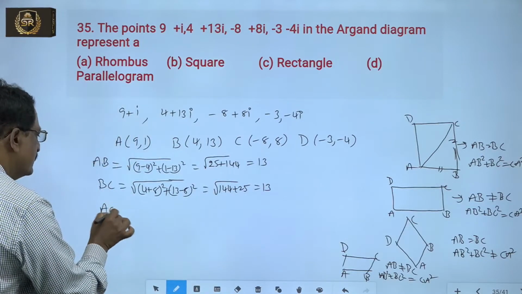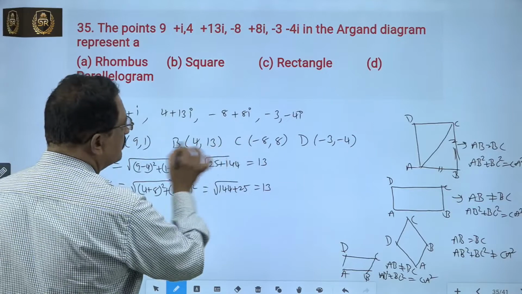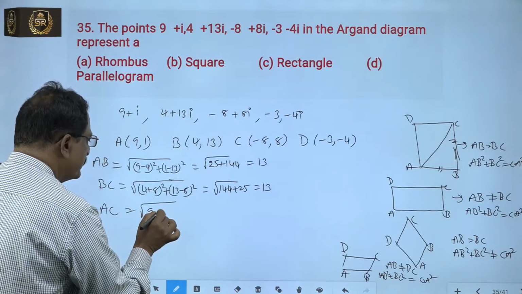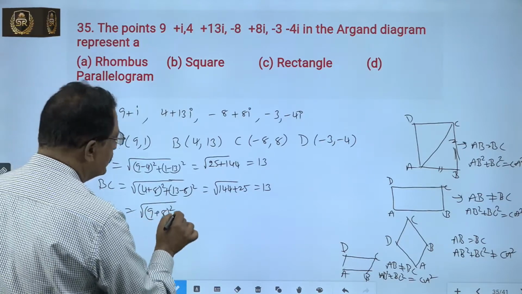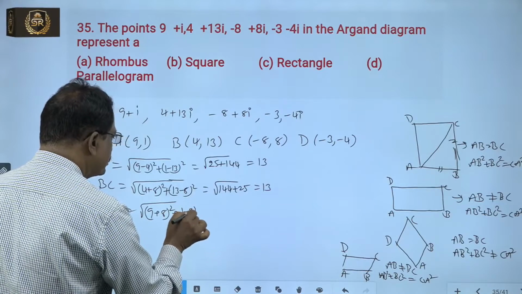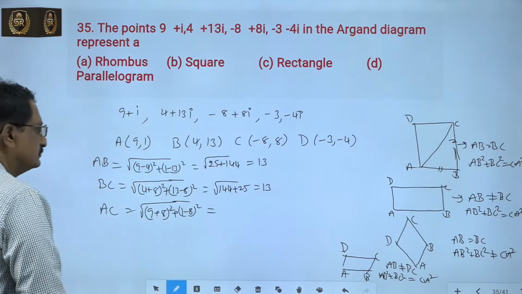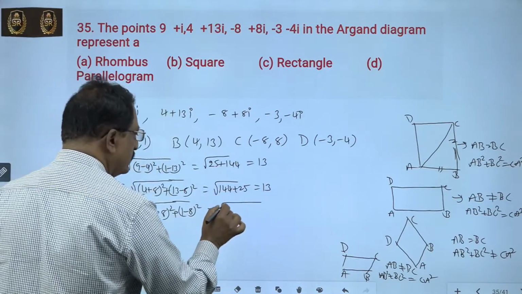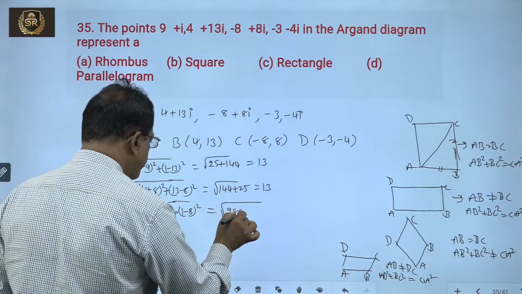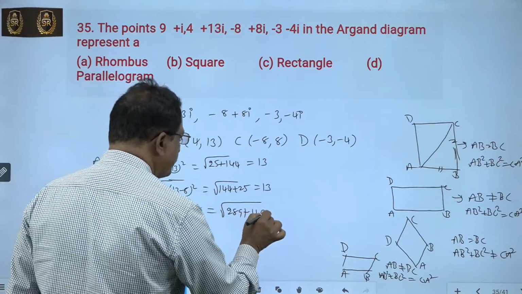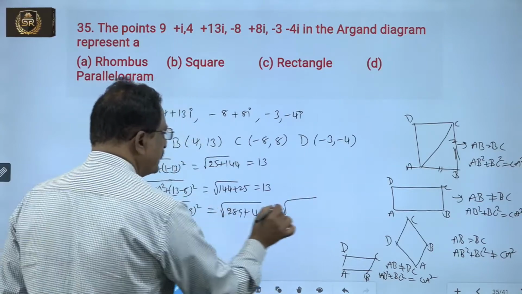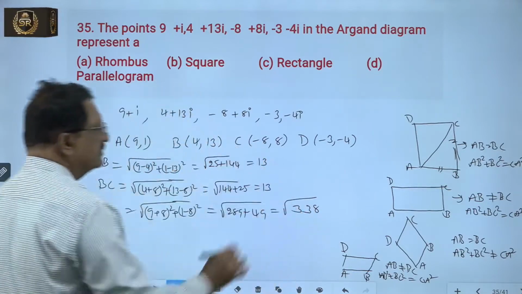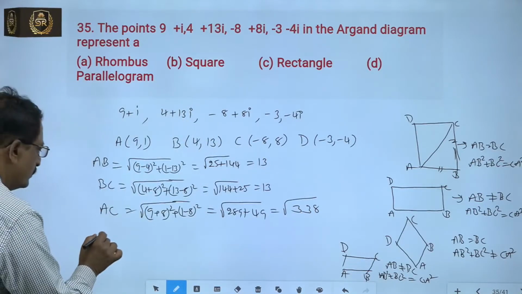Next AC equals distance between these 2 points A and C, square root of 9 plus 8 whole square plus 1 minus 8 whole square, that equals 17 square, 289, plus 7 square, 49, that equals root of 338.